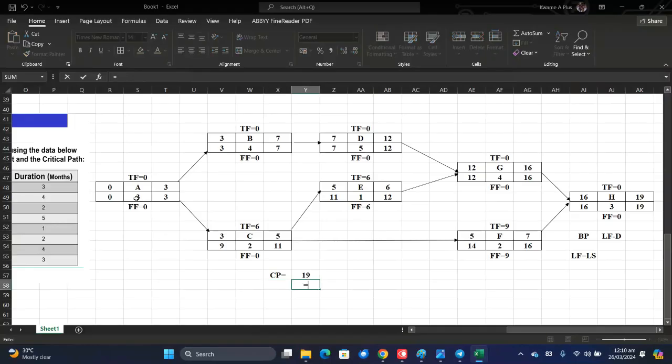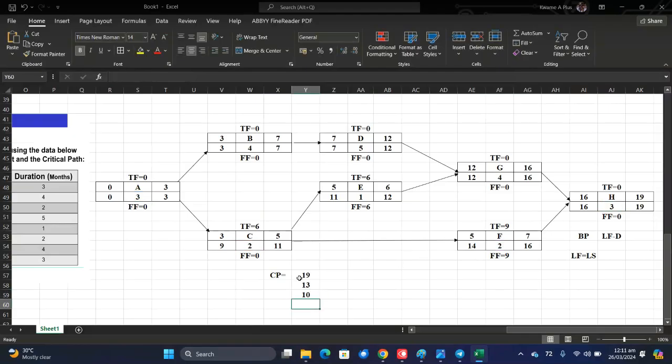We use 3 plus 2 plus 1 plus 4 plus 3, 13. Let's look at the last one: 2 plus 2 plus 2 plus 3.